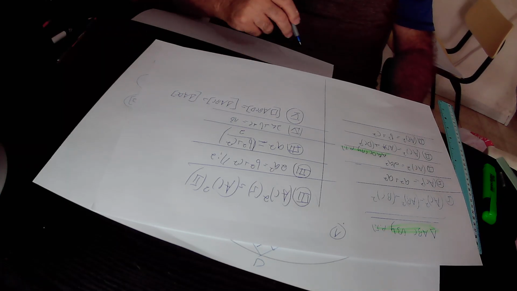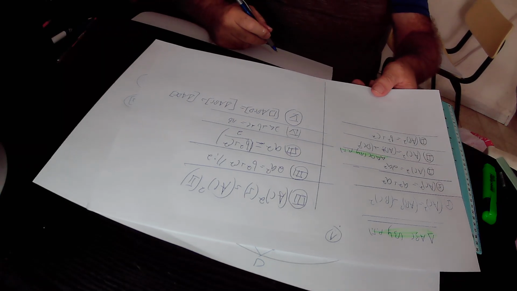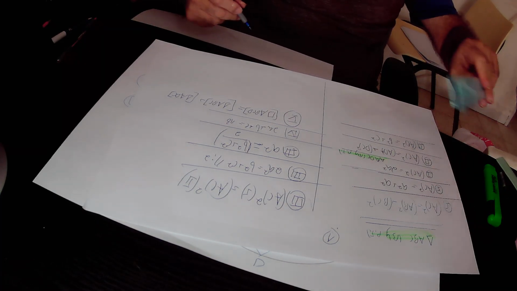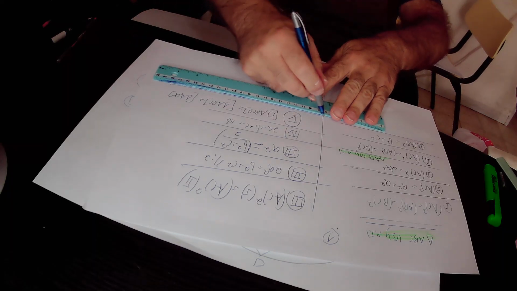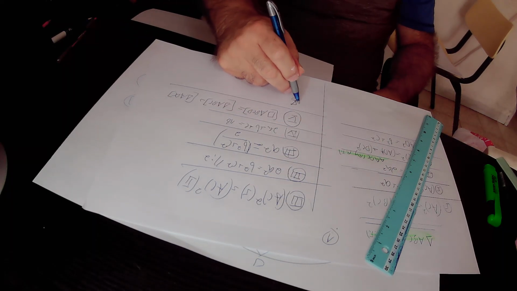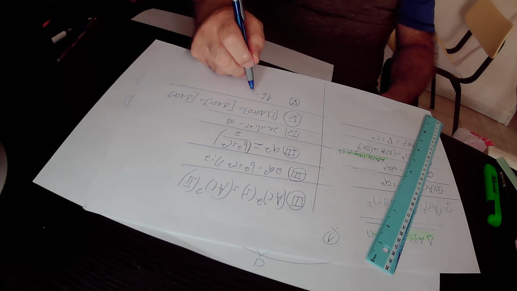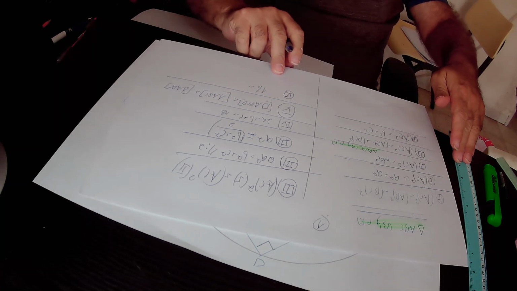So we know that the area of quadrilateral ABCD equals 16, so we substitute the area of quadrilateral ABCD by 16. So according to equation 5, 16 equals the area of triangle ABC plus the area of triangle ADC.